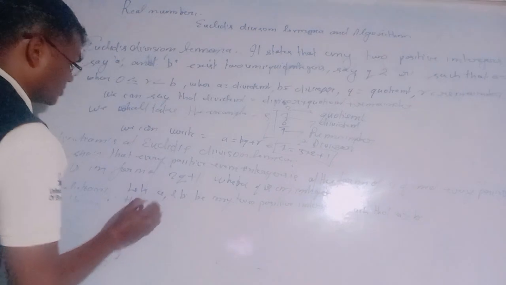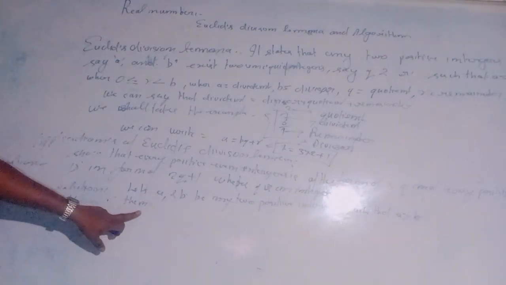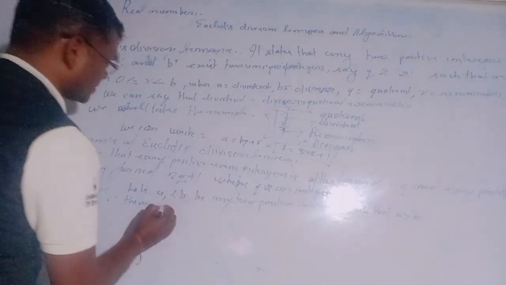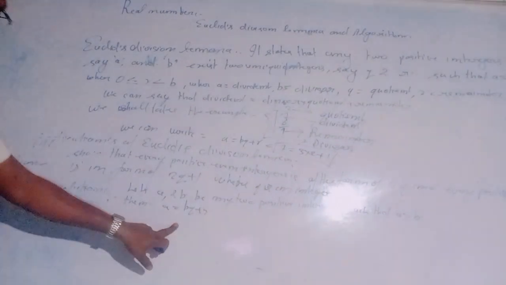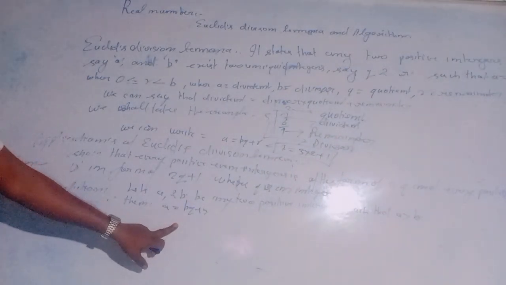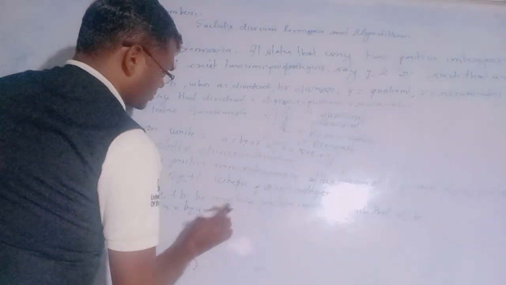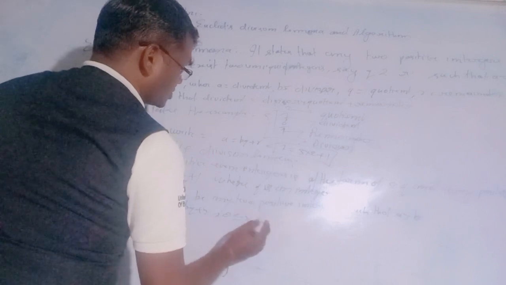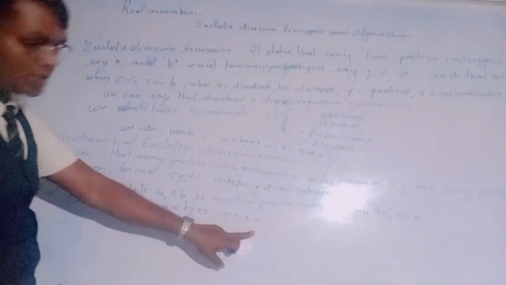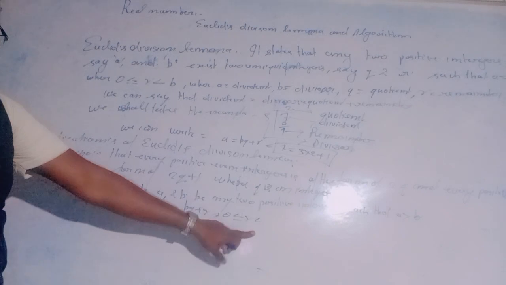Then we know that a is equal to bq plus r. This is the Euclid division formula: a is equal to bq plus r, where 0 is less than or equal to r and r is less than b. Got it? Suppose that this is equation 1.